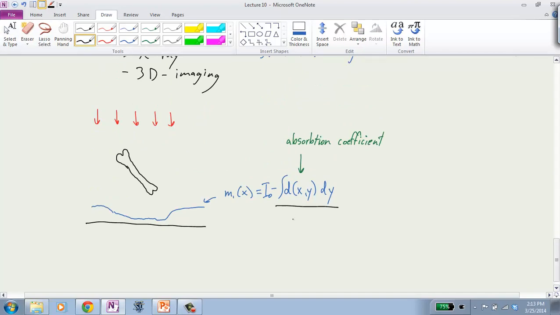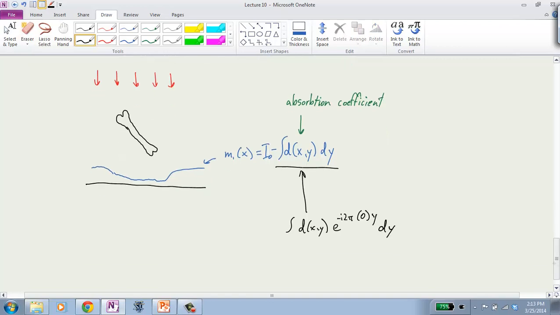We should recognize this thing here. I can rewrite this as the integral of d(x,y) times e to the minus i 2 pi 0·y, dy, integrated from negative infinity to infinity.